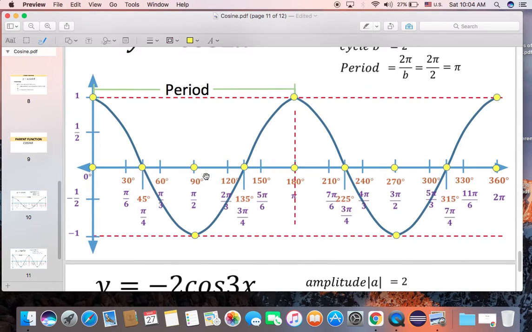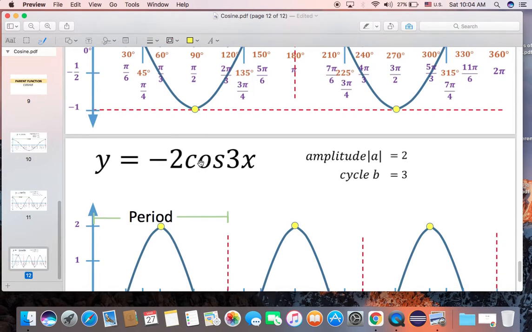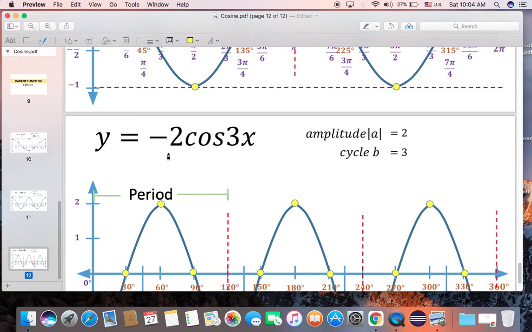Okay, let me check another function, y equal minus 2 cos 3h. If we want to find the amplitude, a equal 2. Actually the amplitude here is minus 2, but for this the value should be 2. It cannot be a negative number; it should be positive. And the cycle b equal 3. If you want to find the period, we need to take 2 pi over b, so it means 2 pi over 3.